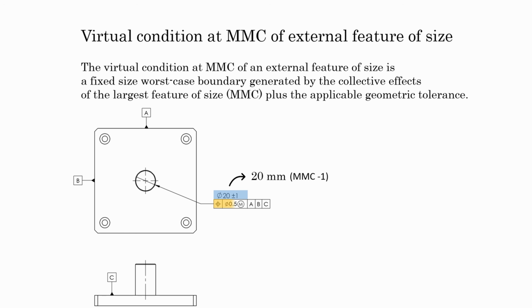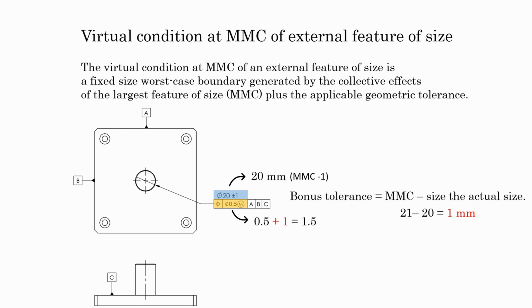Since the position tolerance is defined with the MMC modifier, the bonus tolerance will be applied here. The bonus tolerance equals MMC size minus actual size, 21 minus 20, 1 mm, meaning the allowable position deviation increased to 1.5 mm, 0.5 mm plus bonus tolerance 1 mm. So the extreme boundary would be 20 mm plus 1.5 mm, 21.5 mm.